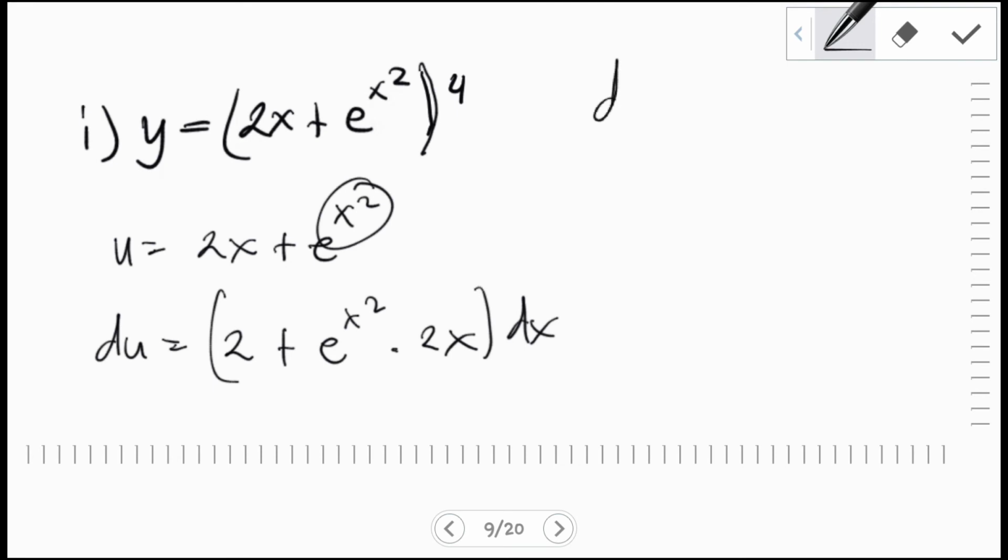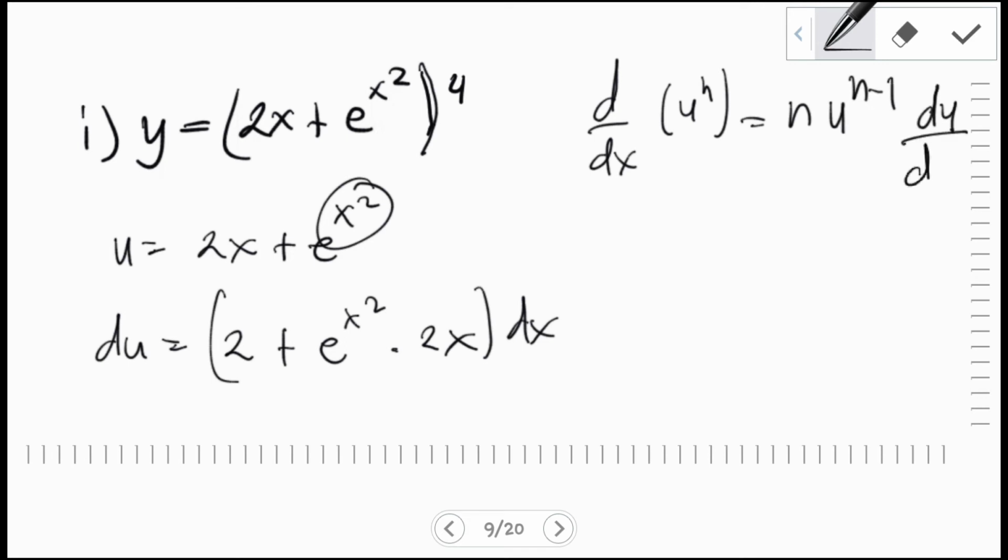Then use this formula, d over dx, u to the power n is equals to n u to the power n minus 1 du over dx.